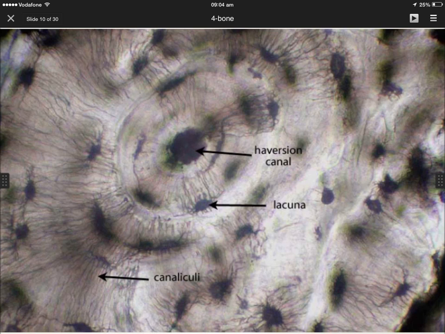Here we have the canaliculi radiating from these lacunae. These minute threads are the canaliculi radiating from the lacunae.